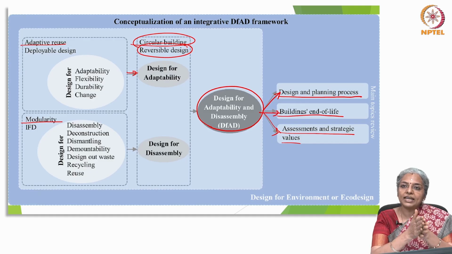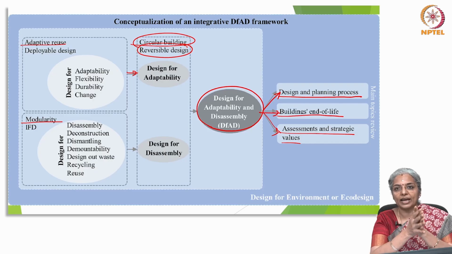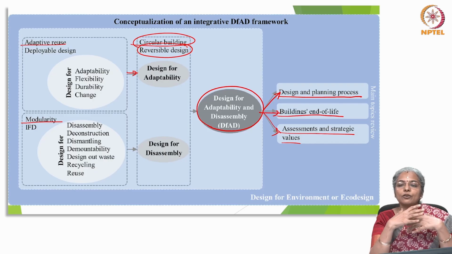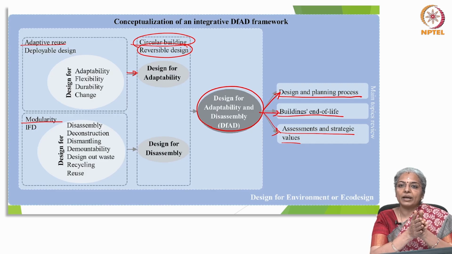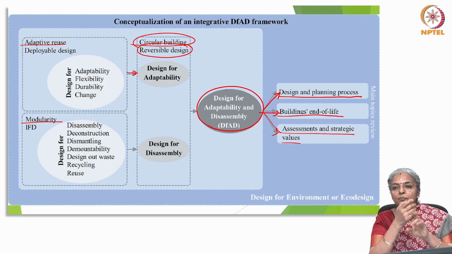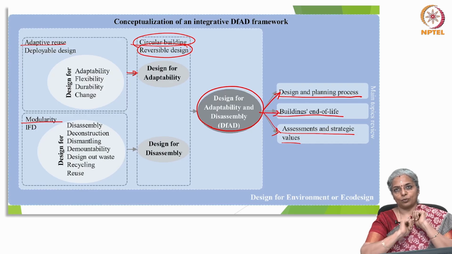The adaptability and deconstruction project will integrate and bring together the configuration of spaces and recovery of material components. So this method is important for us to maintain the building components, parts of the building, materials at the highest level of utility and value.